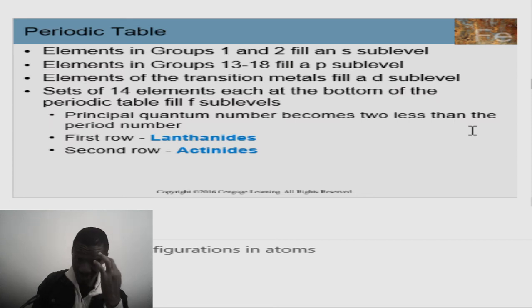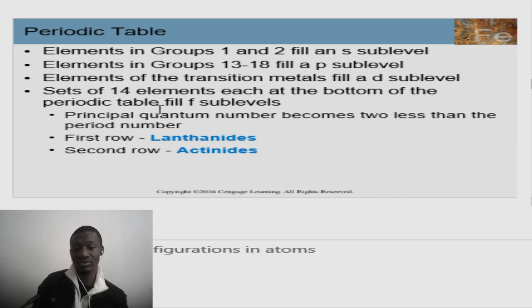Just to continue in the periodic table, you have the elements in group 1 and group 2 filling an s sublevel, and then those of 13 to 18 fill a p sublevel orbital. Then you have your transition metals, that's the d block, and they have sets of 10 electrons.